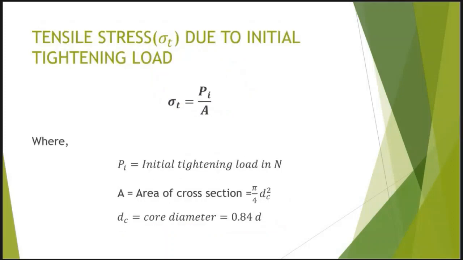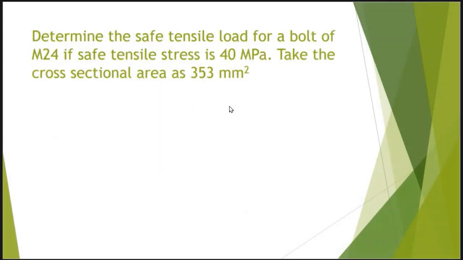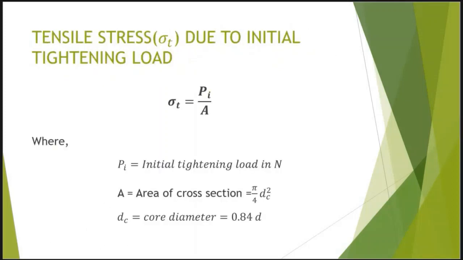Now we have to calculate the tensile stress induced due to initial tightening load. If Pi is the initial tightening load and A is the area of cross section, we have an empirical relation for calculating Pi.